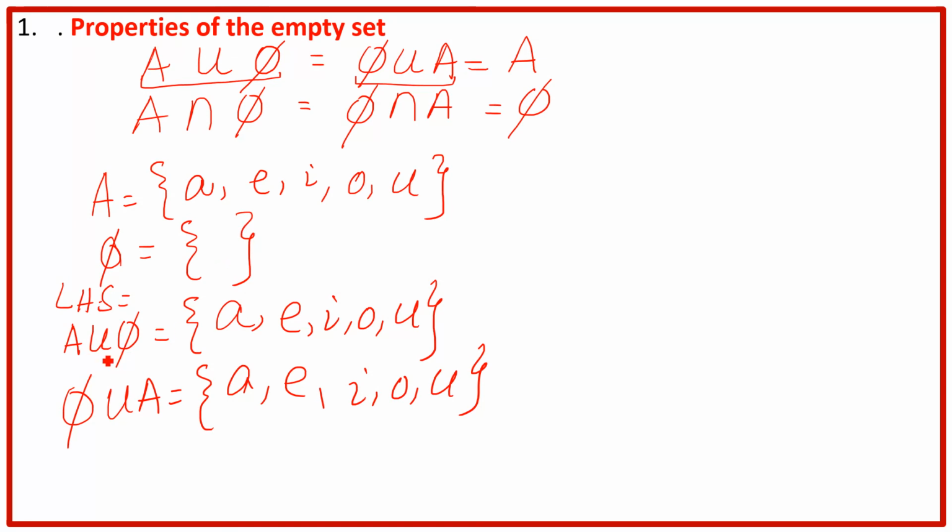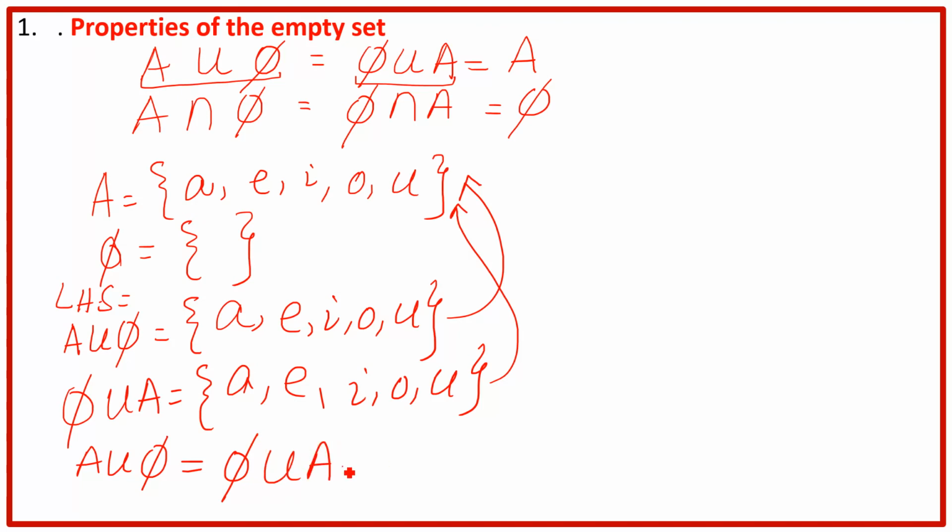So see, A union empty set is equal to A, E, I, O, U, which is the same as A. And empty set union A is A, E, I, O, U, which is again A. So we have proved that A union empty set or empty set union A equals A. Here you can have X, Y, Z, A, B, C, whatever letter, you can prove it. Suppose if it is X, X union empty set is equal to empty set union X, which is equal to X. So we have proved the first property.